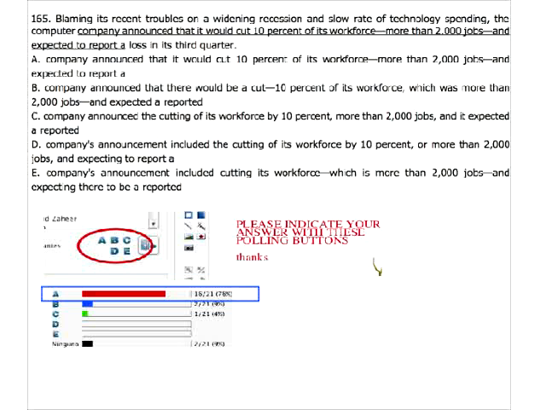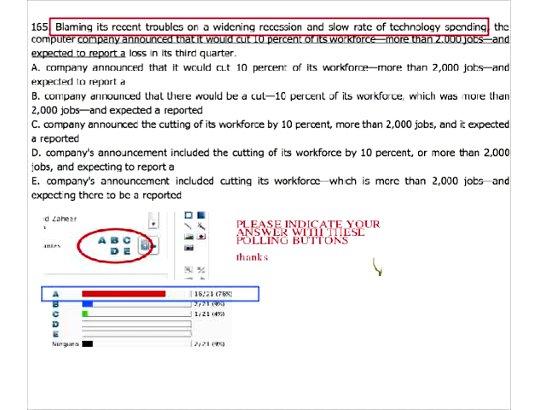Blaming its recent troubles on a widening recession and slow rate of technology spending. That is an -ing initial modifier. So we need to know who's blaming its troubles on this stuff. This must refer to the company itself, not the announcement, because the announcement can't blame.